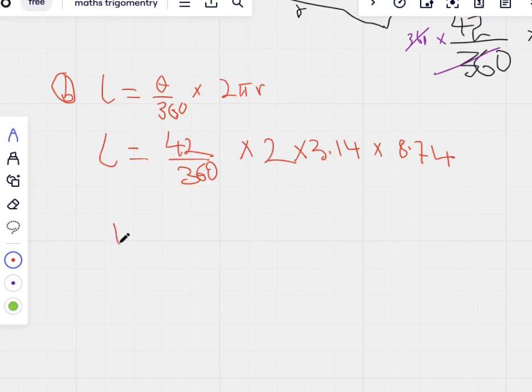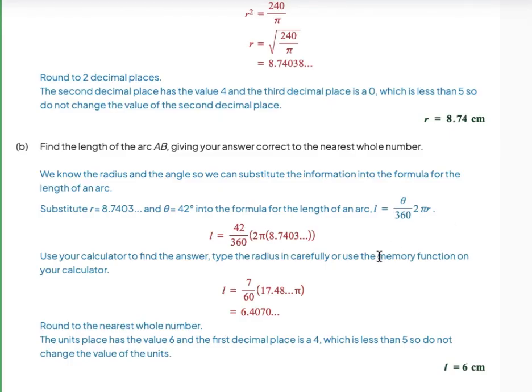So key this into the calculator. You get 42 divided by 360 multiplied by 2 multiplied by 3.14 multiplied by 8.74, we'll get 6.4074, which is approximately 6 to the nearest whole number.